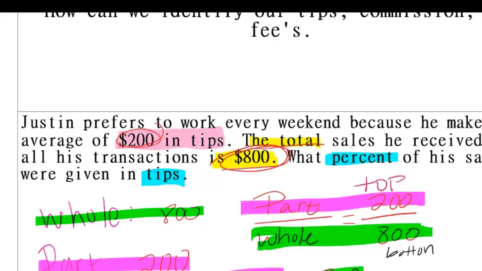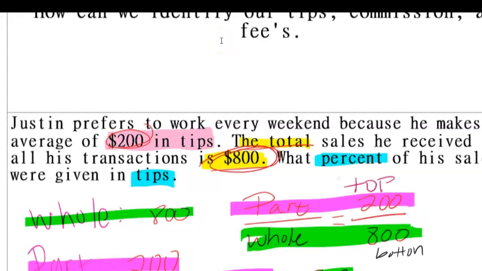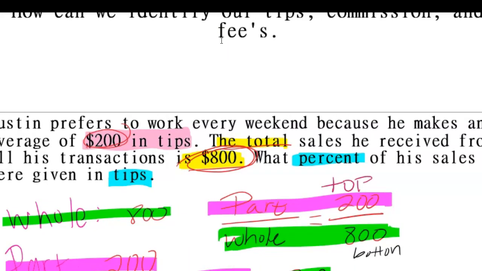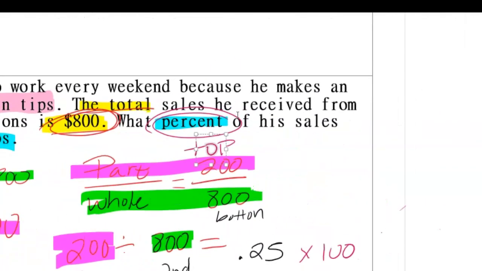So put it in your calculator, see what you guys get. So when you guys divide 200 divided by 800, you guys should roughly get an estimate of 0.25. So again, just a reminder, it's asking us for a percent. A percent, guys. Is this a percentage? No. So we got to convert it into one. So remember, anytime we have a decimal and we want to convert it into a percentage, it's always times 100. So 0.25 times 100 equals what?